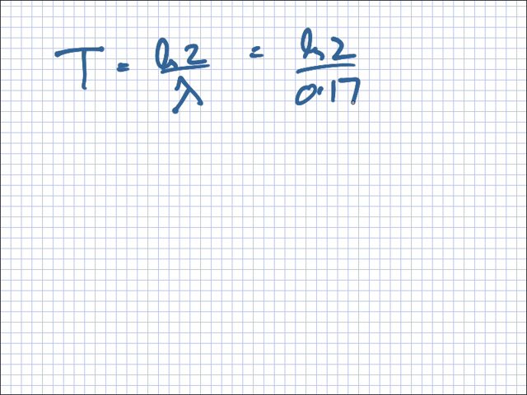T equals log 2 over lambda. So what did we say lambda was? 0.17? Yes. Right, so roughly what's this? Summer, could you type it in? 4.07. 4.08. Okay. It's okay.